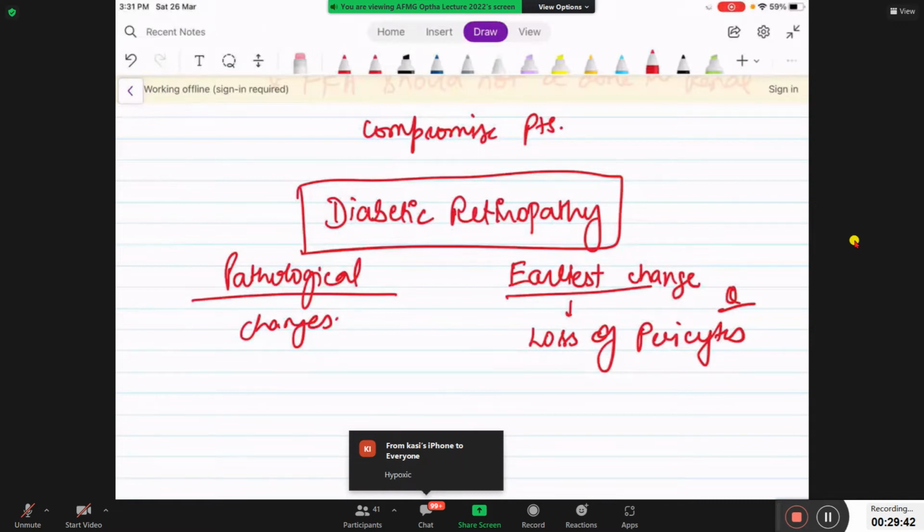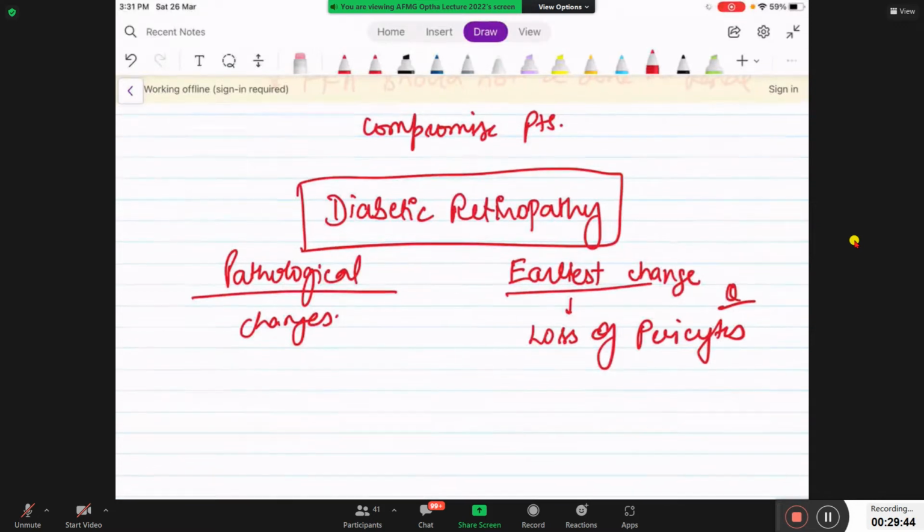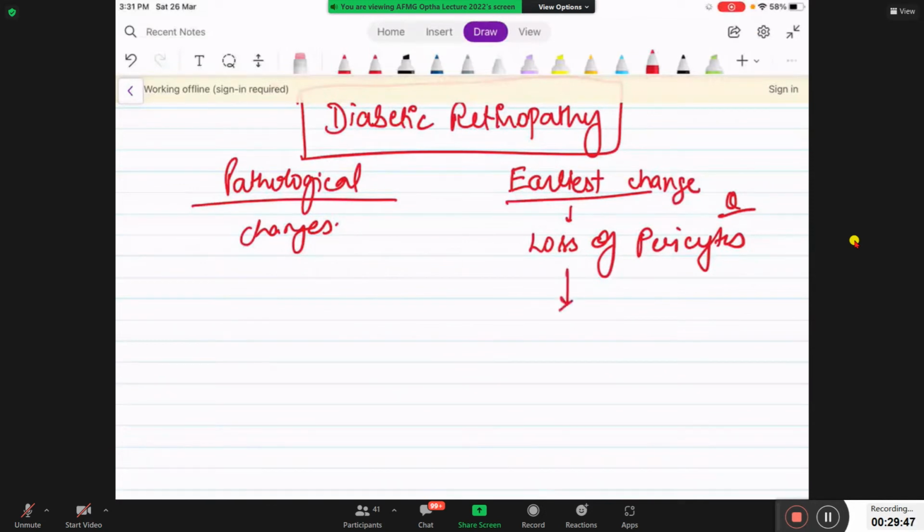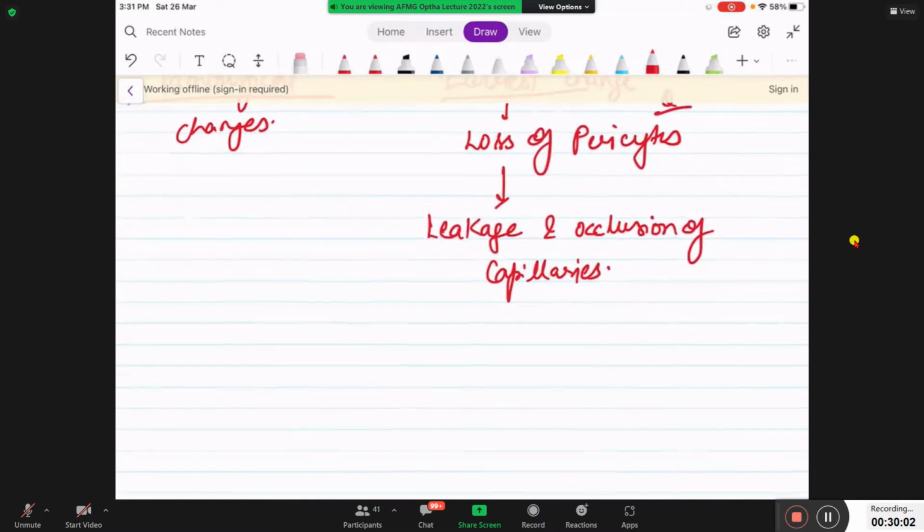Okay, so write down: loss of pericytes leads to leakage and occlusion of capillaries. This leads to hypoxia.